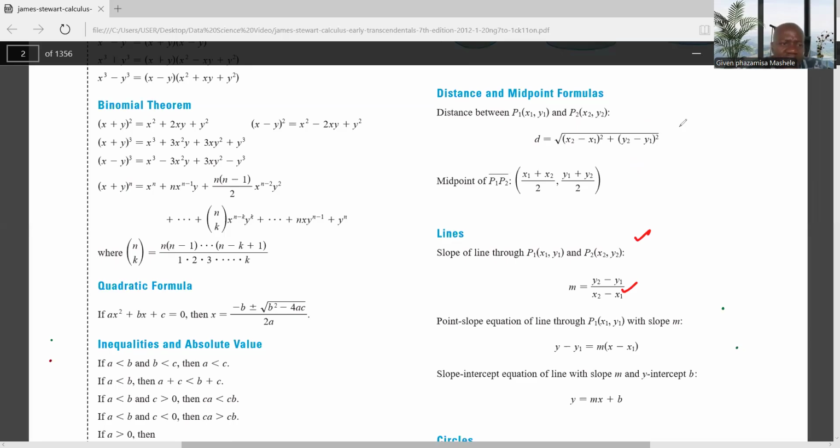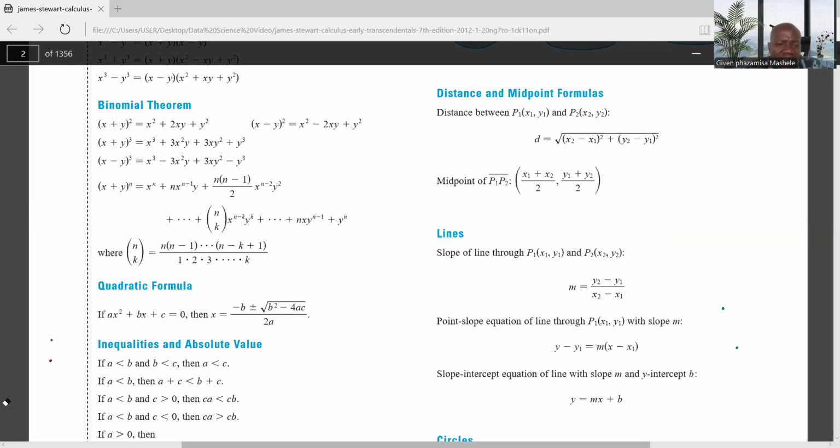You have done this under analytical geometry, so it's not about cram and pass. And again, finding the equation of a line: y minus y1 equals m times (x minus x1). This is an equation of a line, or we can use y equals mx plus c. Here they're just calling it b, but it's still the same thing. So these are things that you should know or familiarize yourself with.